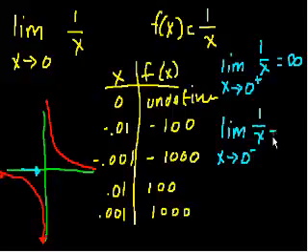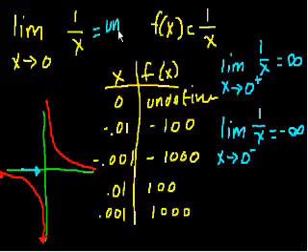Well, that is equal to minus infinity. So since I'm approaching a different value when I approach from one side or the other, this limit is actually undefined. We could say that from the positive side it's positive infinity, or from the negative side it's negative infinity, but they have to equal the same thing for this limit to be defined. So this is equal to undefined.